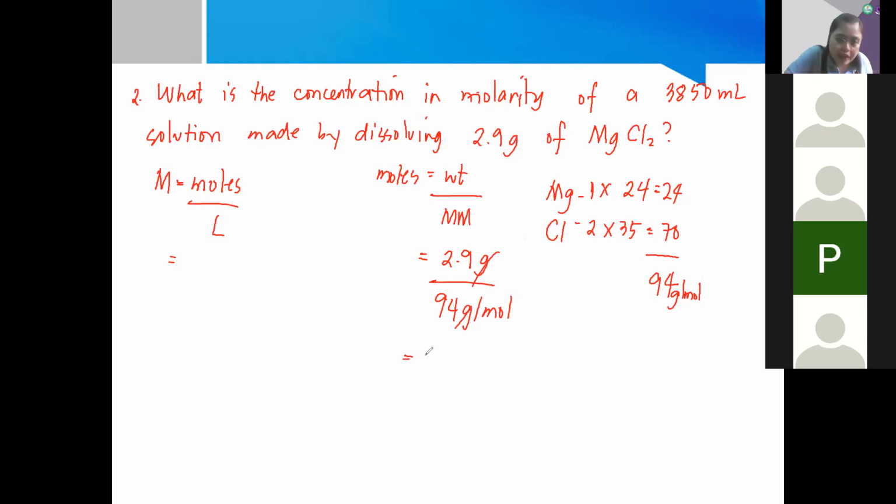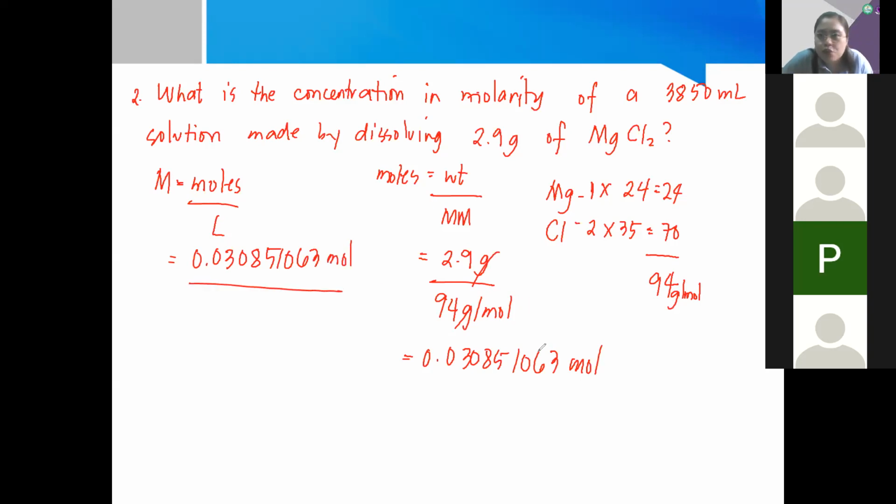So 2.9 divided by 94 is 0.03085 mole. So, lagay natin siya dito, 0.0308 51063 mole divided by liter of solution.